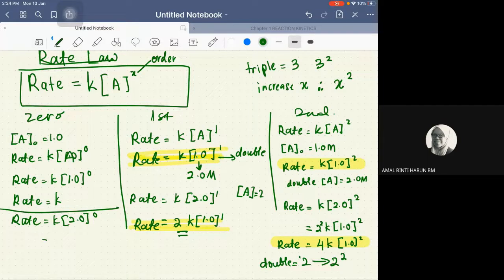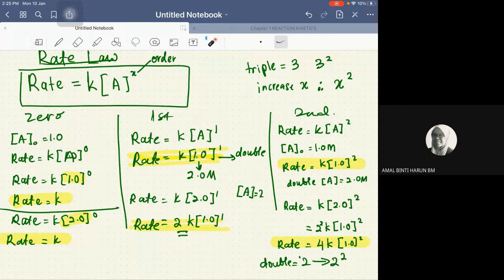So we still get the rate become the same, because 2 power of 0 is 1. So kita akan dapat yang sama, walaupun concentration dia berbeza. So no matter how much we increase the concentration, the rate will be the same. Okay, rate equal to K, constant.